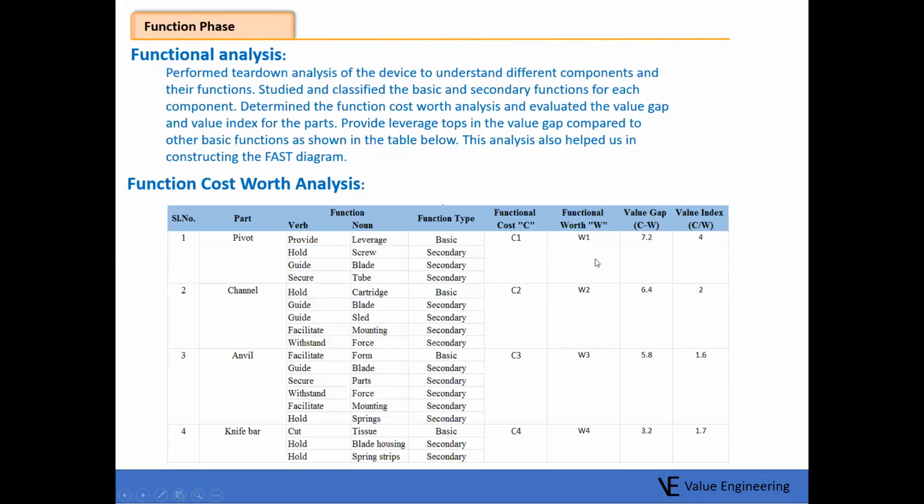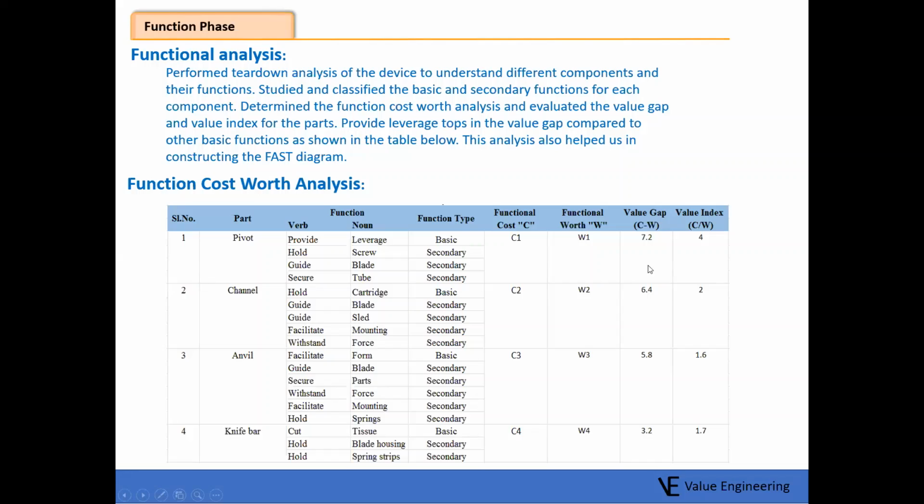For confidential reasons, I have not put the values of functional cost and worth cost, shown as C1 and W1. That is the difference between the functional cost and what is the worth of it.